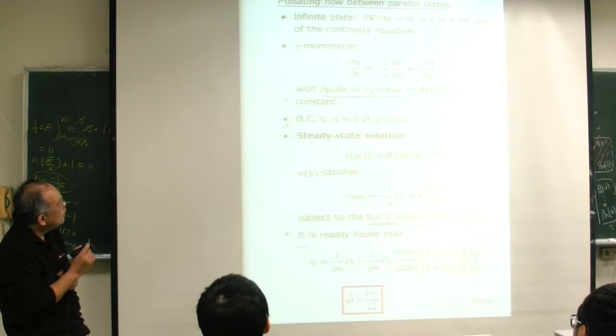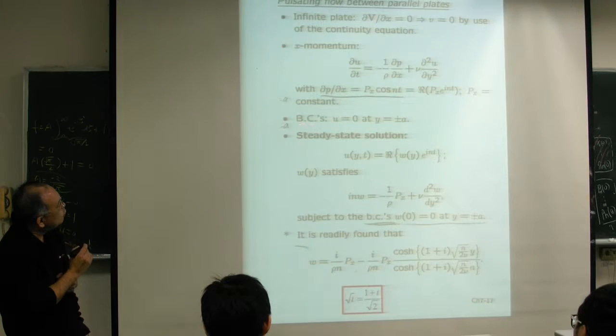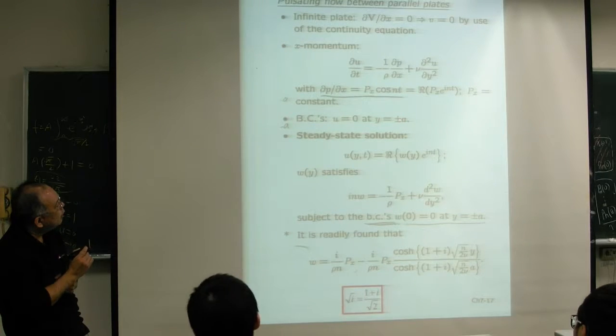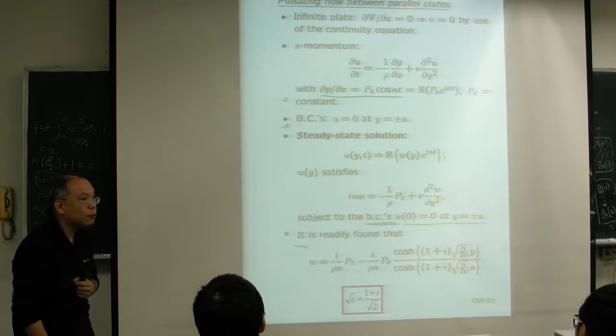Again, this is a cosine function, right? For the boundary conditions of this physical problem, we have two parallel plates: the bottom wall at y equal to minus A, and the upper wall at y equal to positive A. At these two wall locations, our velocity should be reduced to zero due to the no-slip boundary condition.